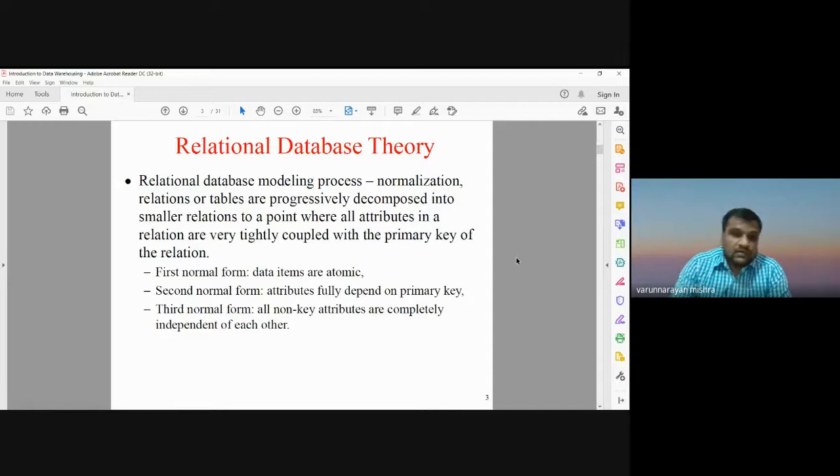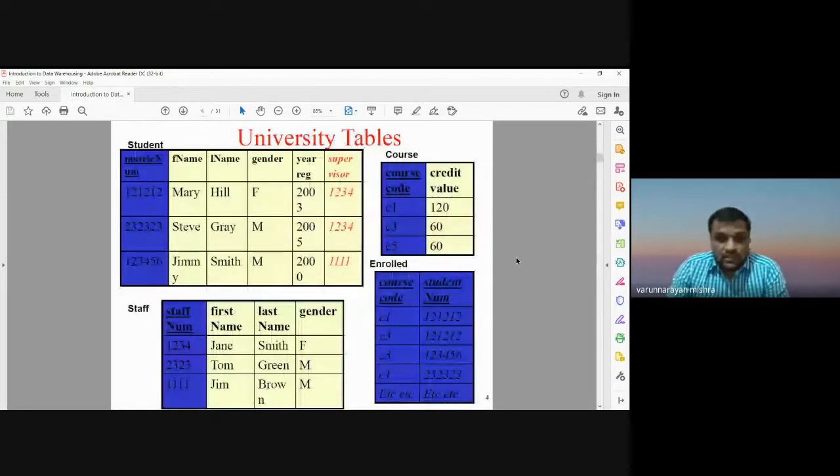A table comprises rows and columns, and we may represent this relational table in first normal form, second normal form, and third normal form. This is an example of a university table including the name of the student, the course, the credit value, the staff, the enrolled student, their course code, and the student number.